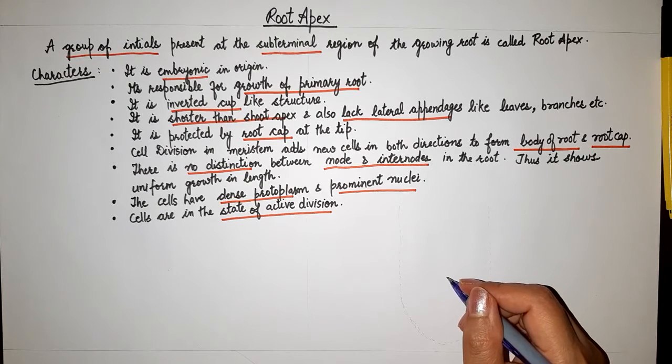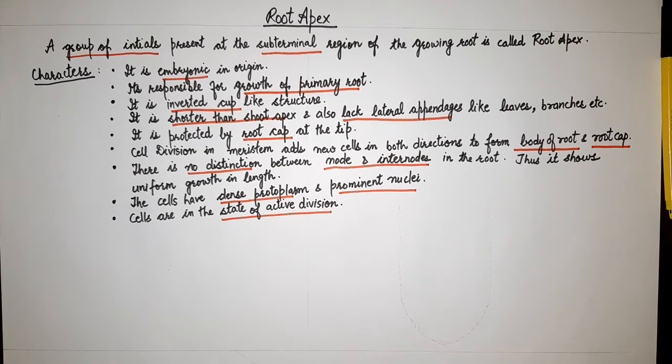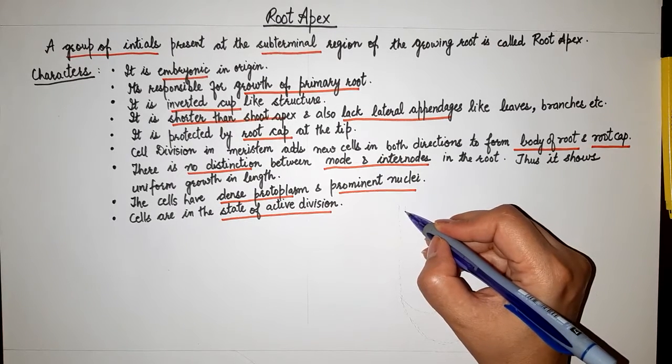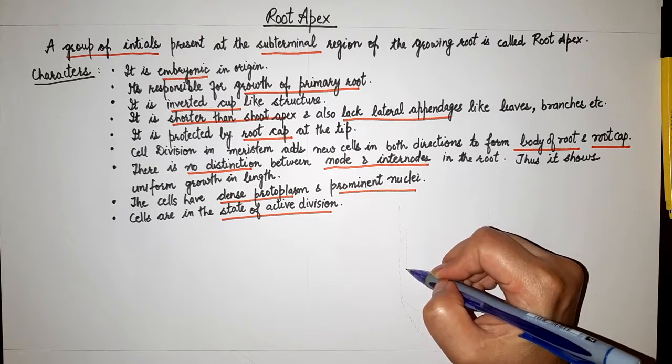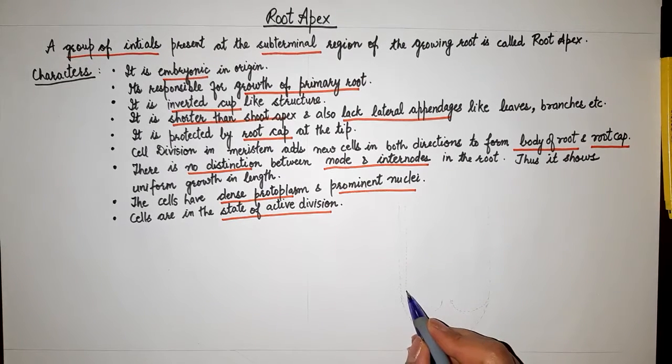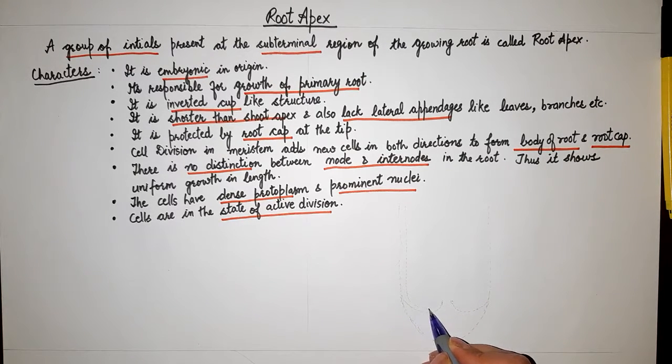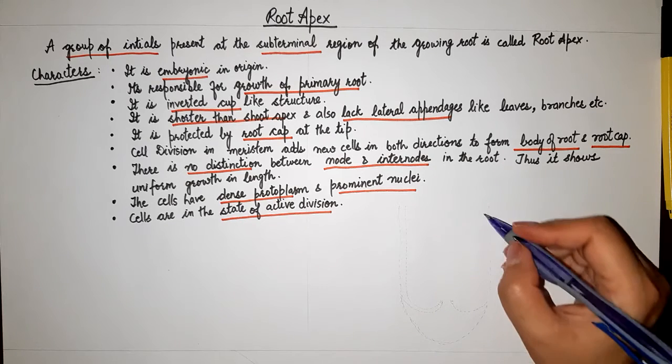Then we are going to specify the central area. In the central area, just from this point on both the sides, we will converge the lines towards center. Then you will make these lines double, and as you move towards center, slightly narrow them this way.